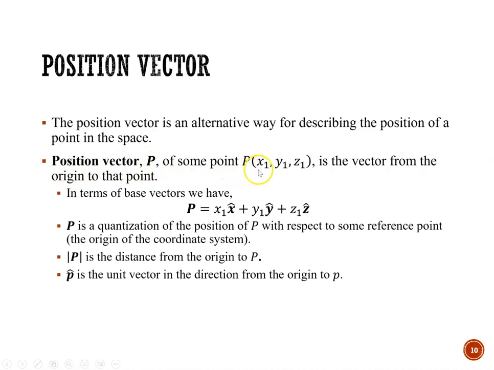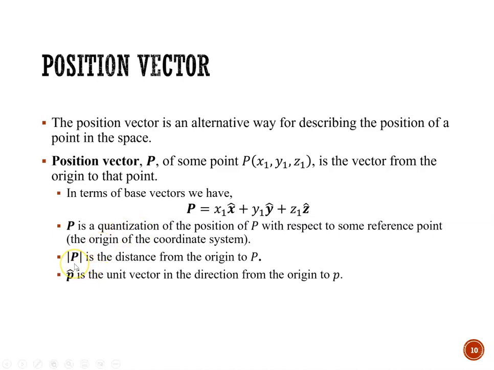So you will have P (x1, y1, z1), which is the vector from the origin to that point, which is point P. So in terms of base vectors, we would have P is equal to x1 x hat plus y1 y hat plus z1 z hat. So P is the quantization of the position of P with respect to some reference point, which is the origin of the coordinate system.